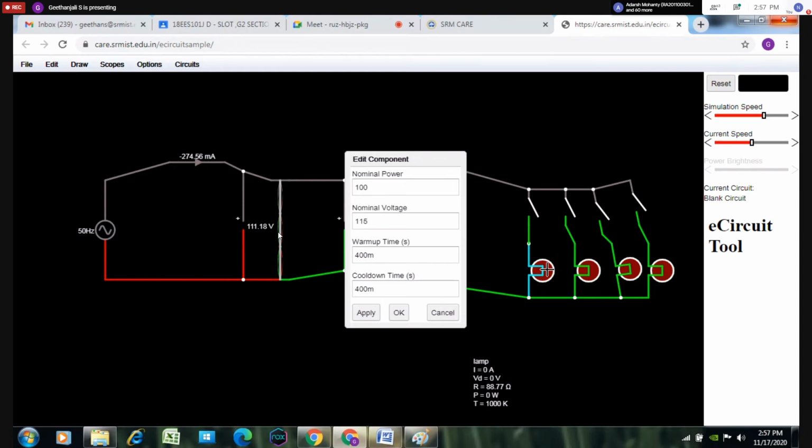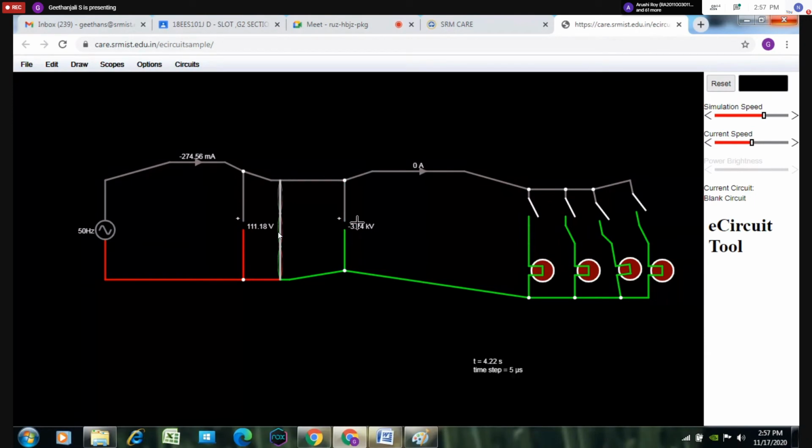Nominal power, you keep as it is, 100. Nominal voltage alone you need to change as 115. Nominal power, set the value which you are seeing on the screen. That is sufficient.